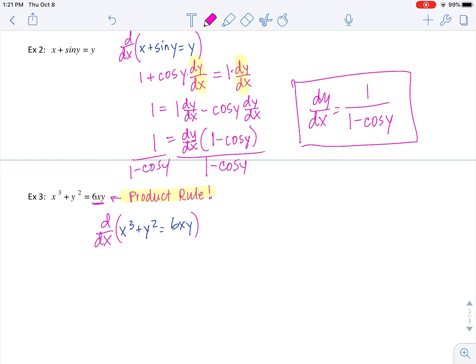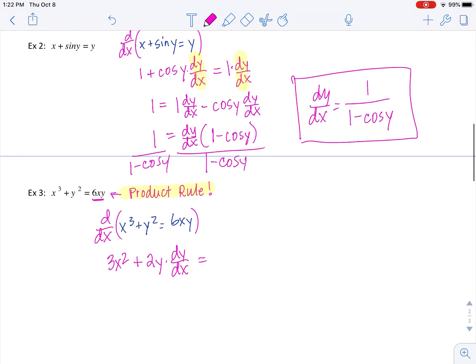So the derivative of x cubed is 3x squared. The derivative of y squared is 2y times dy/dx because of that implicit multiplier. And now when I take the derivative of 6xy, I have to think of it as 6x times y, and think of the product rule as 6x is my f function and y is my g function.